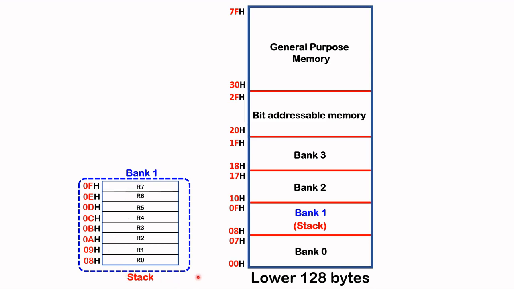Bank 1 is designated as the stack, and basically there are 8 memory locations stretching from 08 hexa all the way to 0F hexa, which is this area here. And 08 is register 0 or R0, and it goes all the way up to R7, which is actually the memory address 0F hexa.